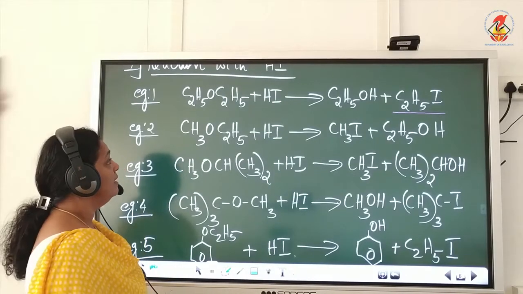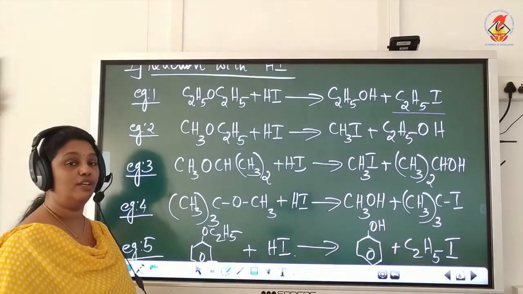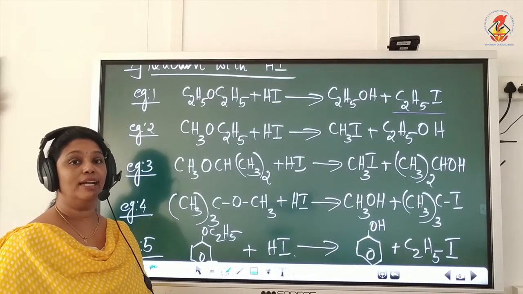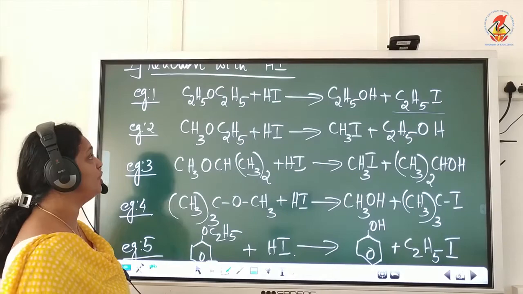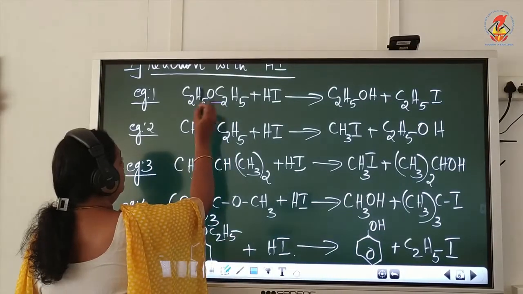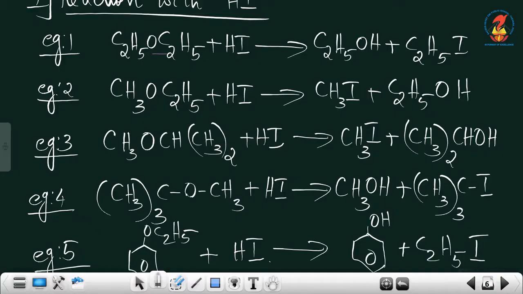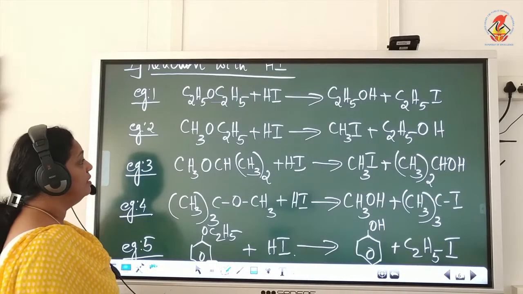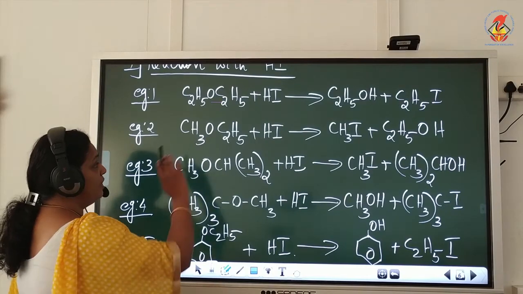Now, you can see the reaction of ethers with hydrogen halides involves cleavage of the carbon-oxygen bond. The carbon-oxygen bond is broken and we get the product alcohol and alkyl halide. Now, this is with symmetrical ether.